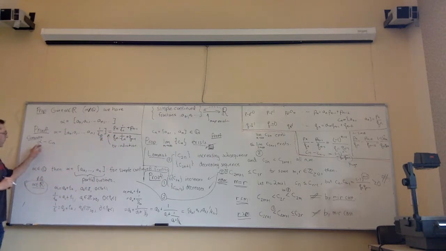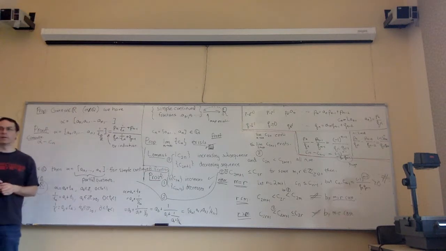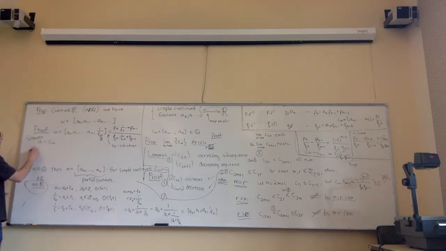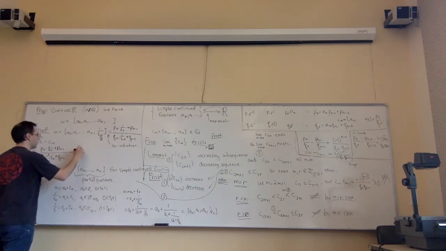Okay, so now let's compute alpha minus Cn. Cn is the continued fraction [A0 up through An], but it's also Pn divided by Qn. So look, alpha minus Cn is alpha, which we just got, Pn times 1 over Tn plus Pn minus 1 over Qn times 1 over Tn plus Qn minus 1, minus Cn, which is just Pn over Qn.